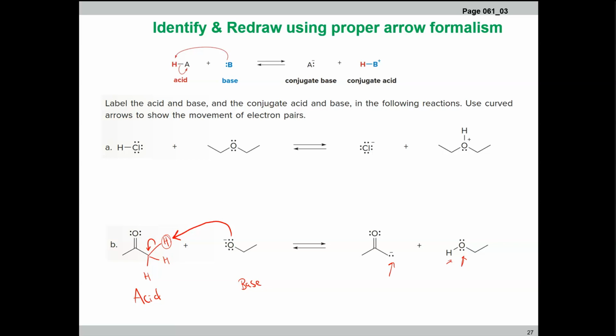That means that this is my conjugate base, because that's what your acid turns into after it loses the proton, and this is the conjugate acid, because it has gained that proton on the end. So this is how we would draw the arrow formalism and identify these different compounds. So I would like you to do this for A and post that answer in our Blackboard space.